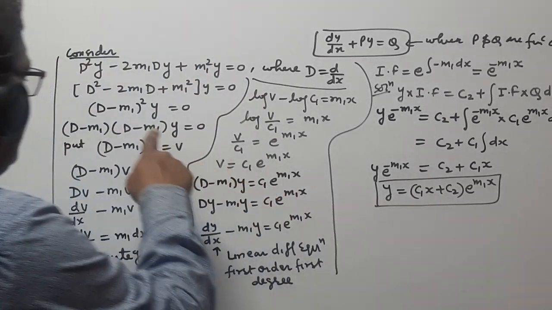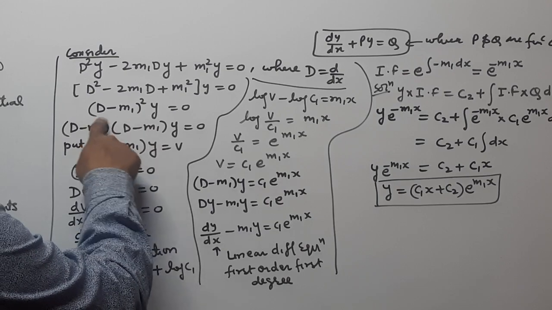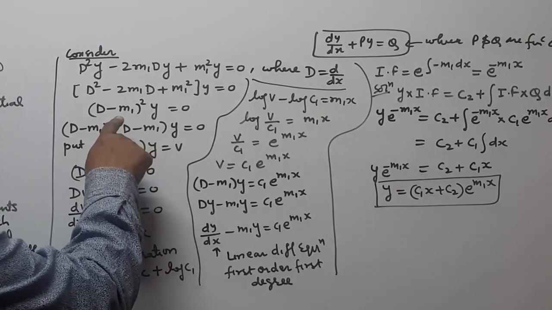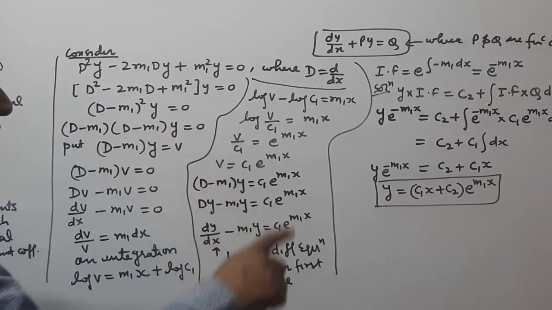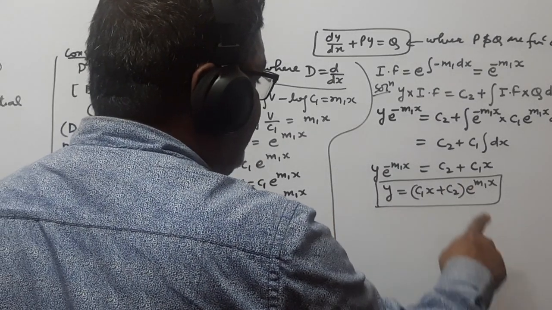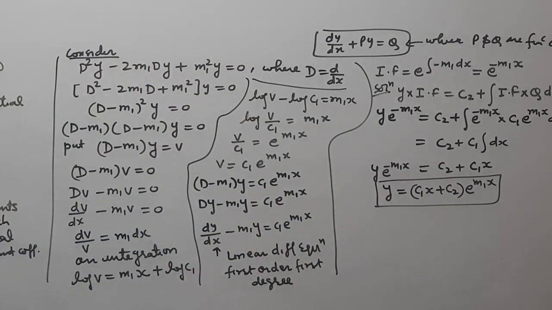Here you can see that the roots of this auxiliary equation are equal, the roots are m1 and m1. So the solution can be written as y equal to (c1x plus c2) times e to the power m1x.